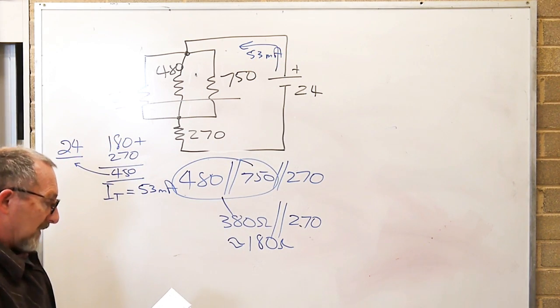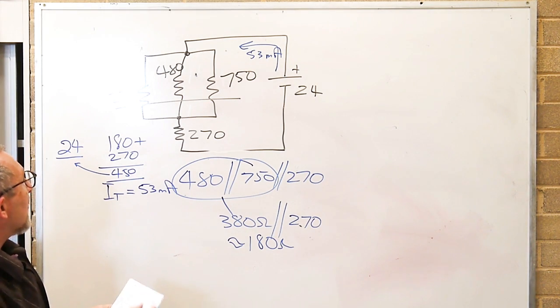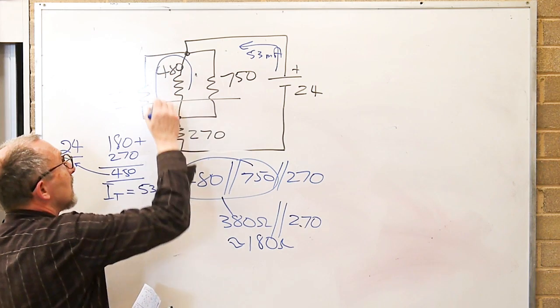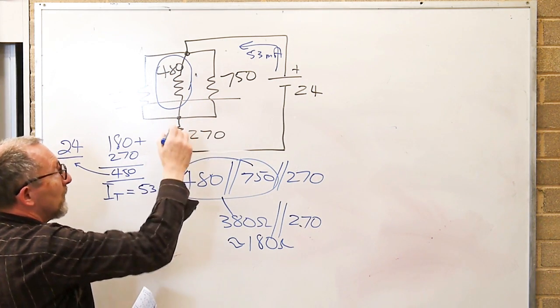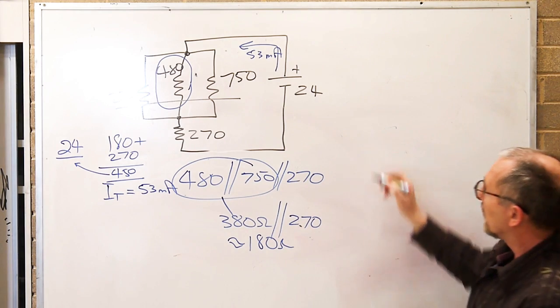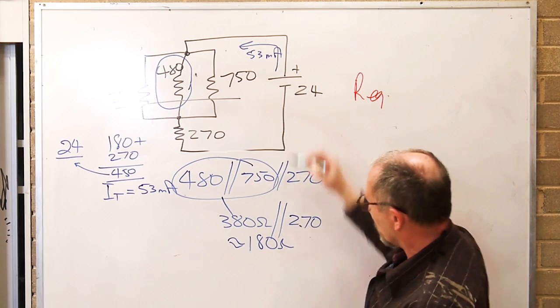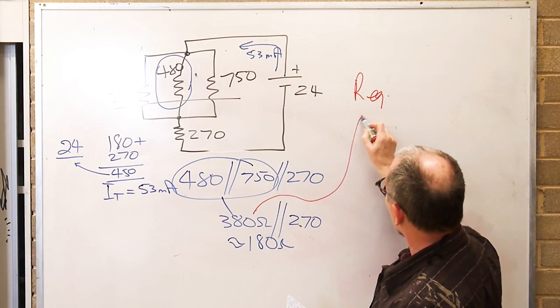53 milliamps, and the question says the current flowing through the 480 ohm resistor. Well, that's that resistor there. So to do that, we need to think about the REQ. REQ of those we worked out was around about 380 ohms.